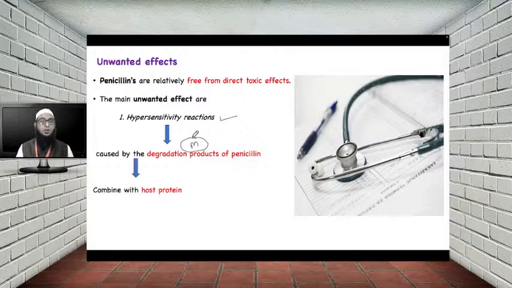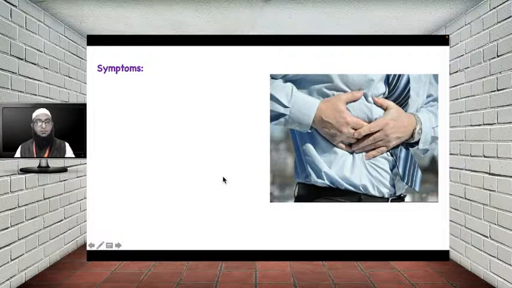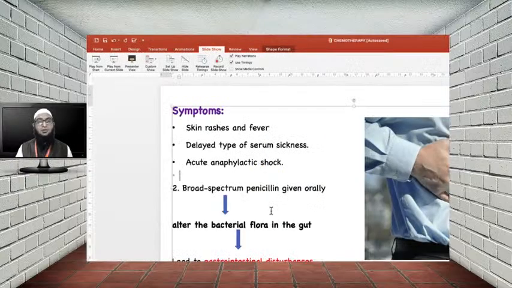This degradation product combines with the host protein of the patient, and once combined, it produces a severe kind of hypersensitivity reaction. Now we'll see the different hypersensitivity reactions which happen after the combination of penicillin with the host skin protein.